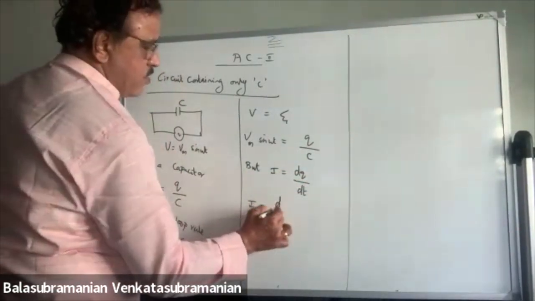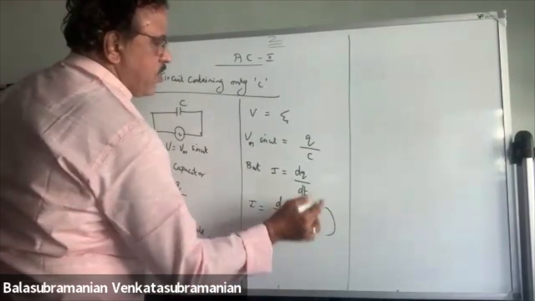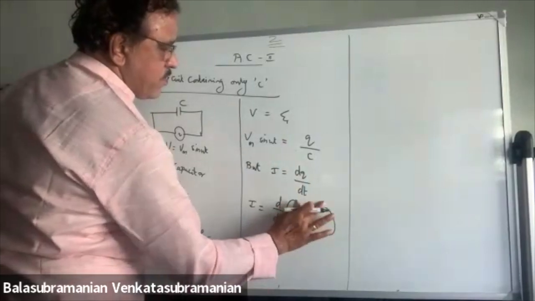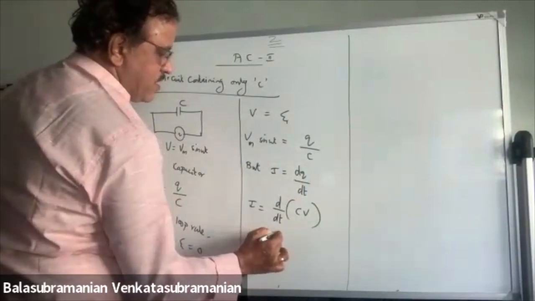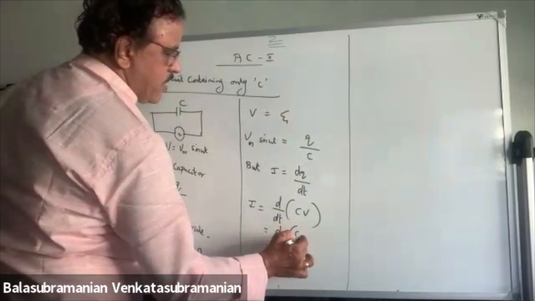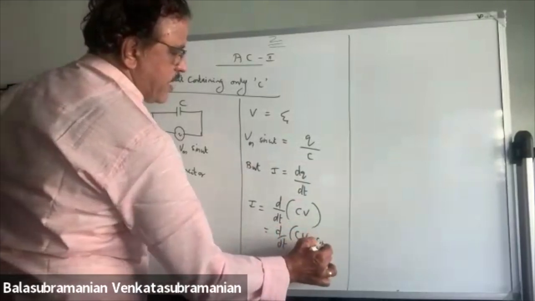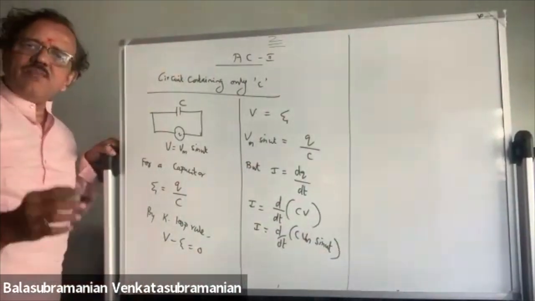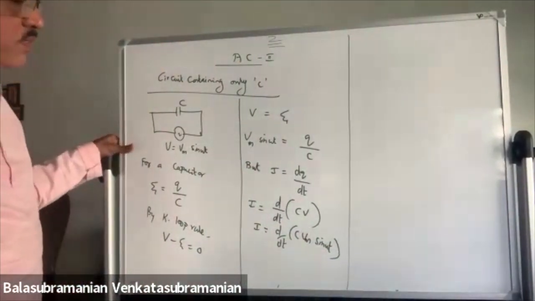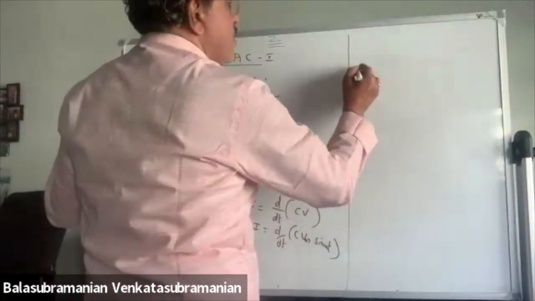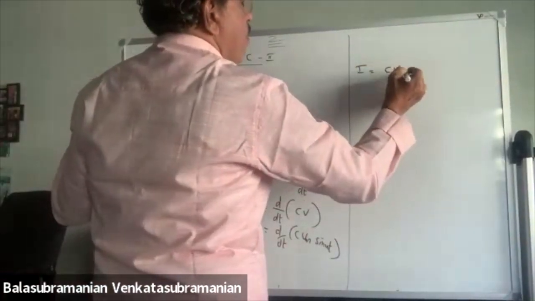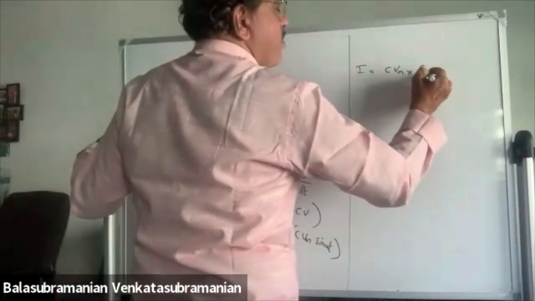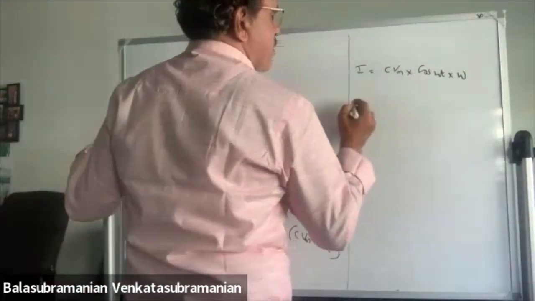I is equal to d by dt of Q, which is C into V. That is d by dt of C Vm sin omega t. C Vm you take it out, constant. Sin omega t differentiation is cos omega t into omega.